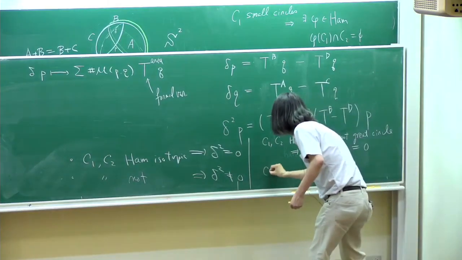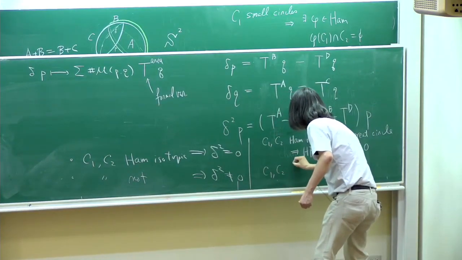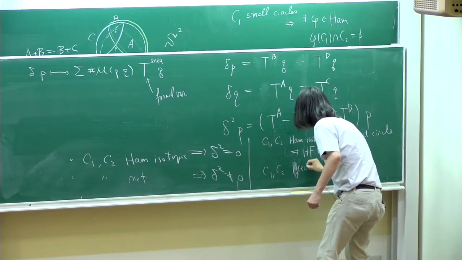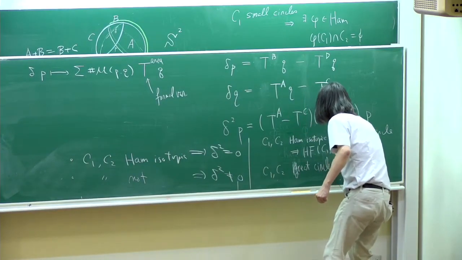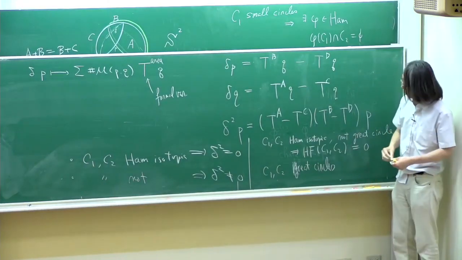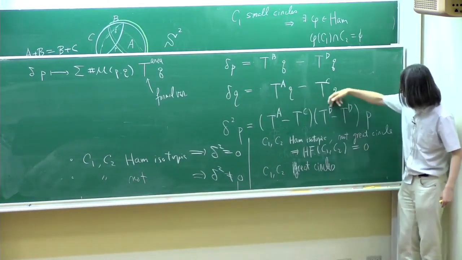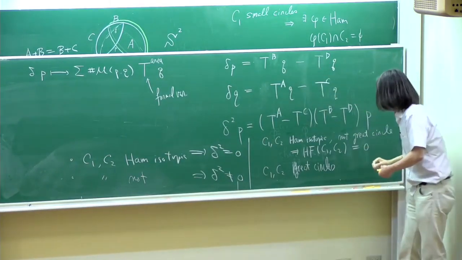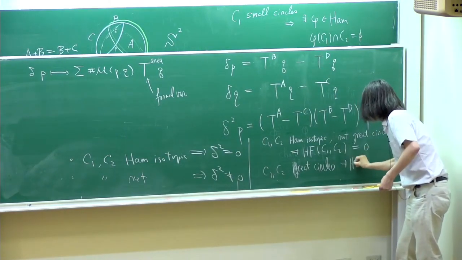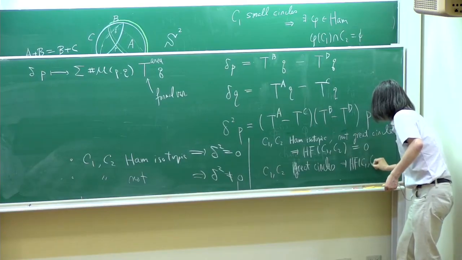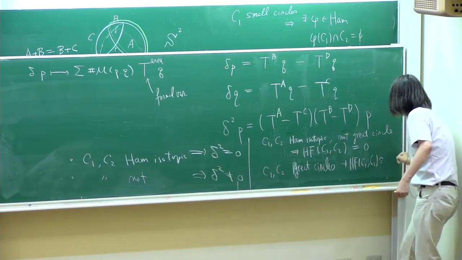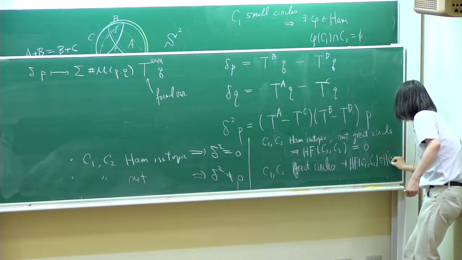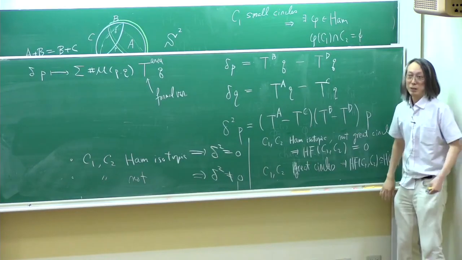And if C1, C2 are both great circles, then they are Hamiltonian isotopic, and in that case A equals C and also B equals D. So both differentials vanish. Therefore, in this case, the Floer homology of C1, C2 is equal to the cohomology of the circle.